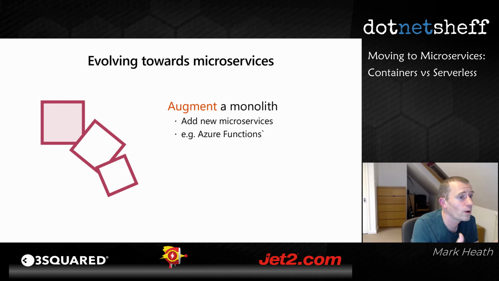And that can be a way of very slowly starting to introduce new paradigms to your development team. Because often you find a development team that's been working in a more traditional architectural style for a long time, they need time to learn about the new paradigms and patterns of how to develop serverless code or to develop containers. And so it can be a good, gentle way to introduce some of these ideas into your architecture before you take more radical steps to go further.